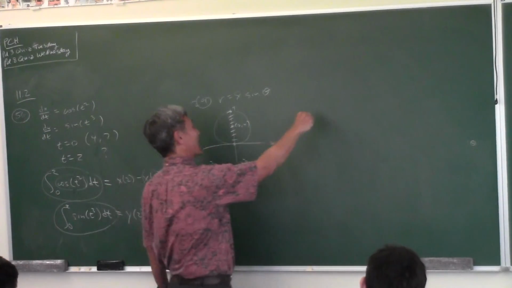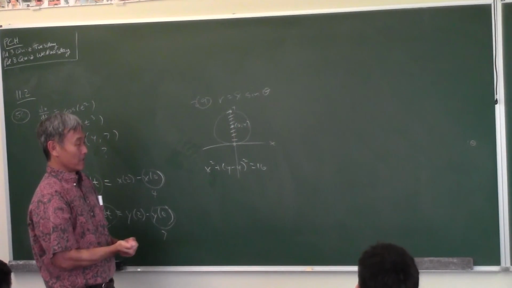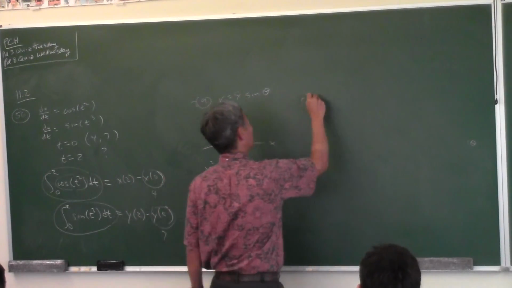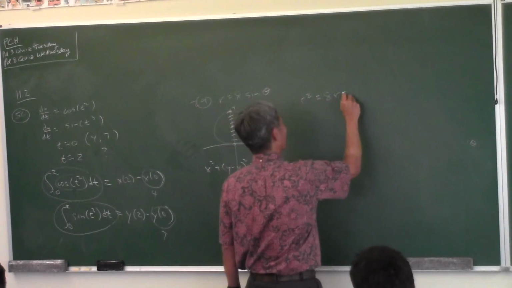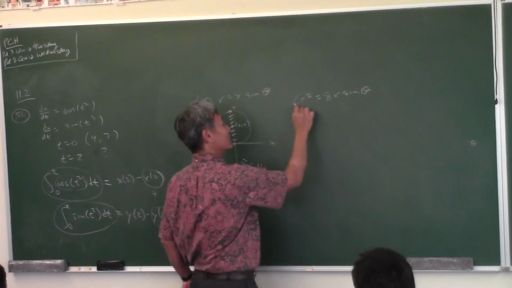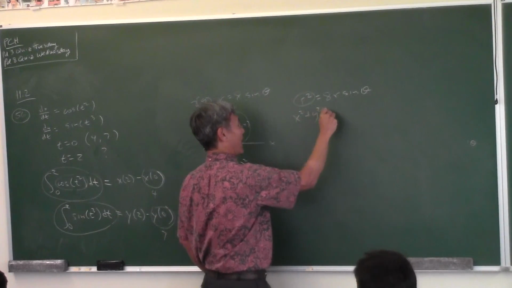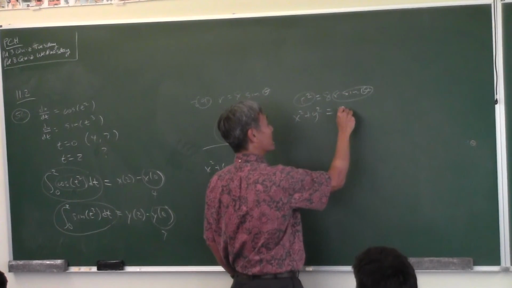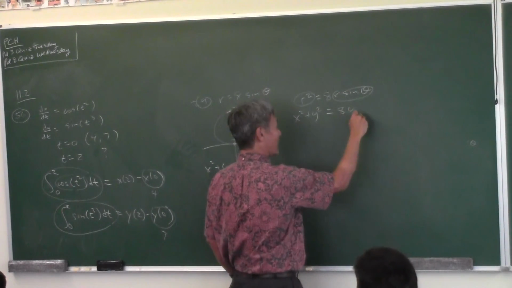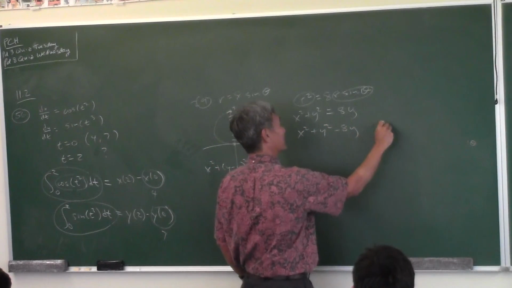Or the way that we learned last year, how do you change this to a rectangular equation? I'll just tell you, multiply both sides by r. Why do I multiply both sides by r? Because r squared is x squared plus y squared, and r sin theta is y. Then we complete the square.